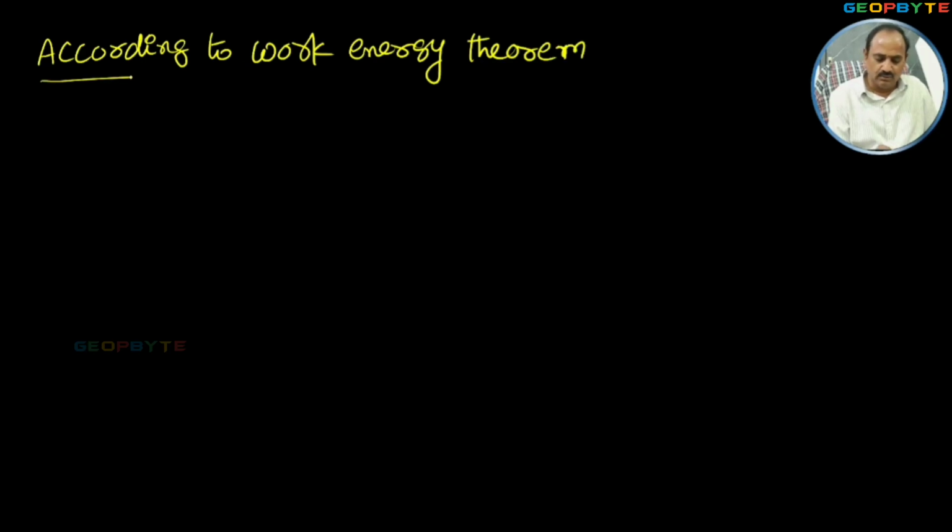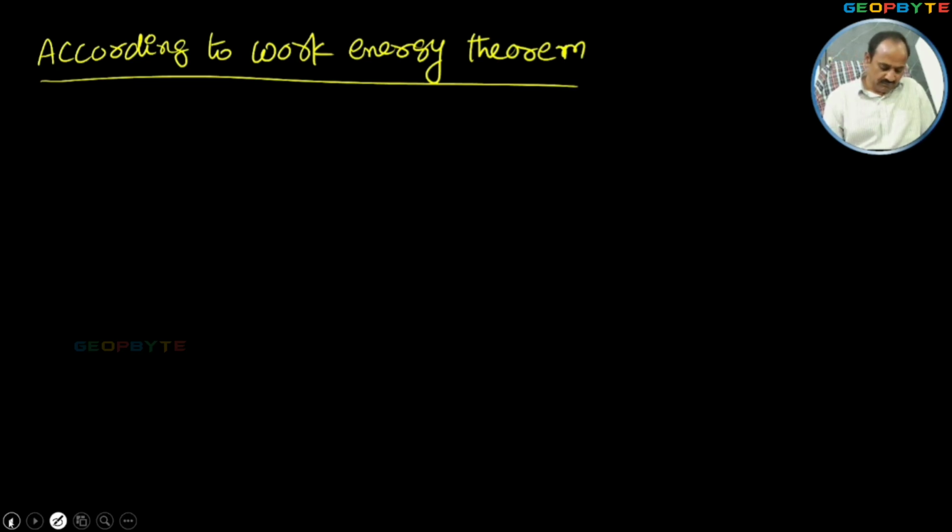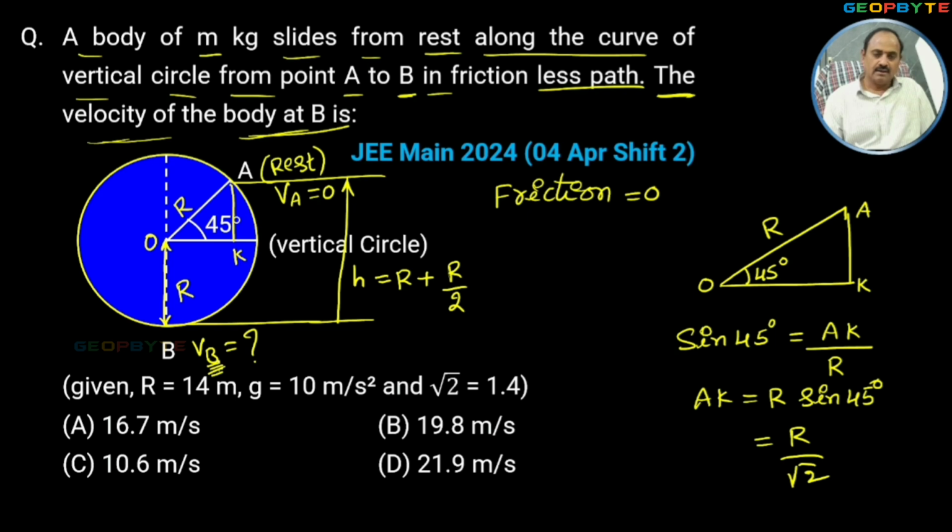According to work energy theorem, by the time the body is moving down, its potential energy is decreasing. With respect to B, potential energy at B equals 0 because that is the reference point.